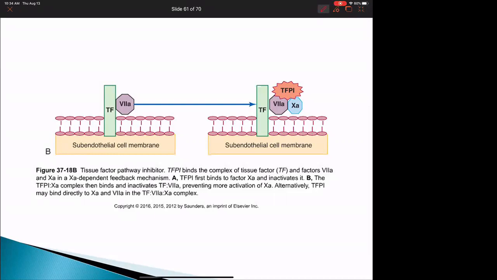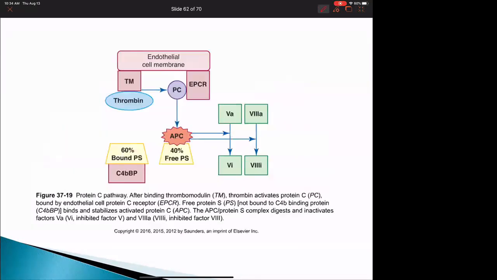Again, tissue factor pathway inhibitor is a regulatory protein that wants to prevent further coagulation.